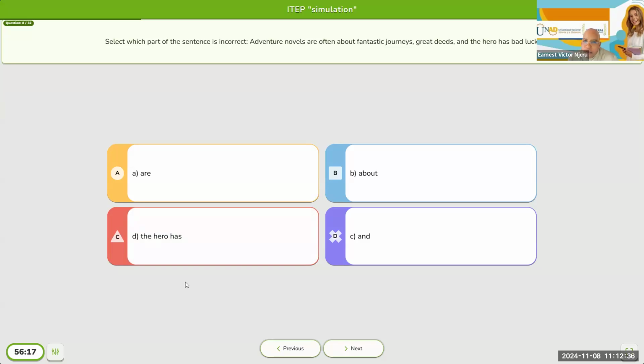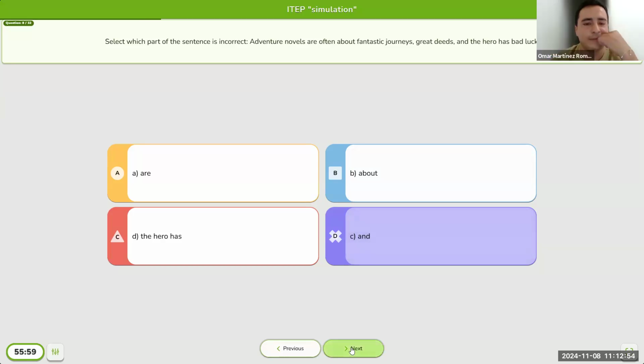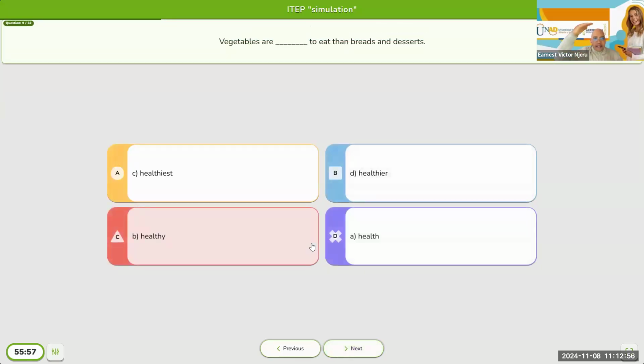Adventure novels are often about fantastic journeys, great deeds, and the hero. D, maybe. Somebody says D. D. Very good. Exactly, the hero has bad luck. Very good. Let's go to the next.